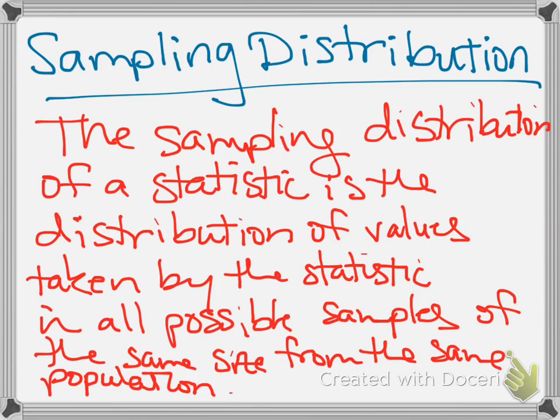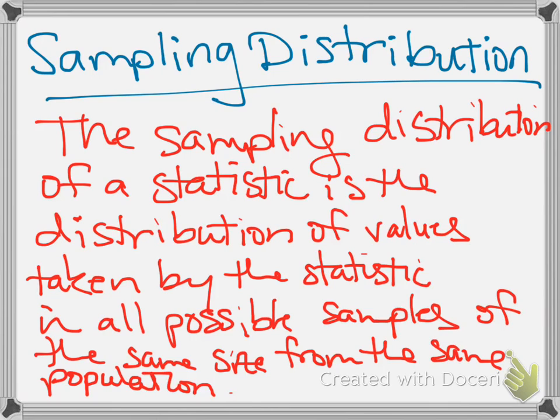It says the sampling distribution of a statistic is the distribution of values taken by the statistic in all possible samples of the same size from the same population. So this just means that for every sample that you might take from your population, that value is going to show up somewhere on your distribution.